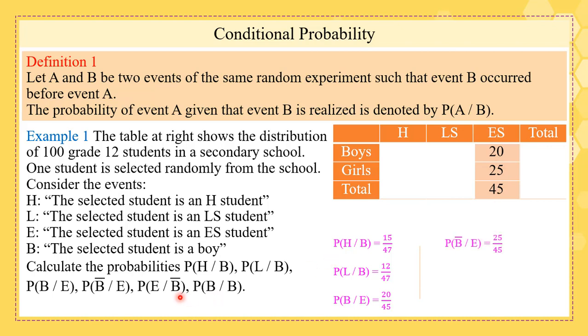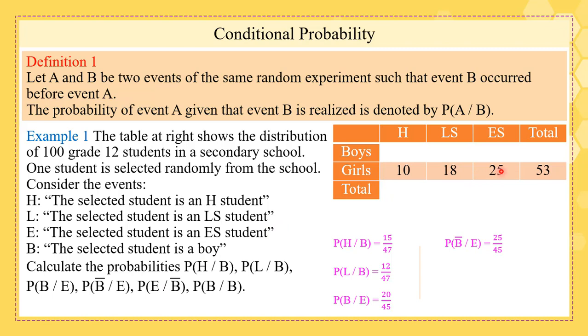Now the probability of E given B bar. In this case we go back to the whole grade 12 classes, and then we need the B bar. B bar means the girls, so we just come to the girls section, and from this section we calculate the probability of selecting an ES student.